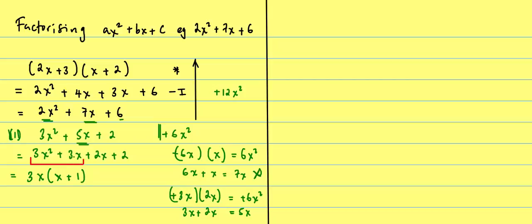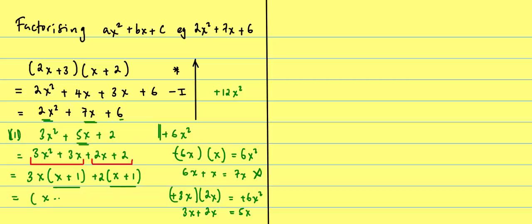Because 3x goes into 3x once. And then in these two remaining terms, the highest common factor is going to be equal to a positive 2. So I'll go ahead and pull out a 2, and this is going to say 2x divided by 2 will be x, and then 2 divided by 2 will also give me 1. Now you'll notice that x plus 1 becomes a common factor itself, and then we can pull out that common factor.